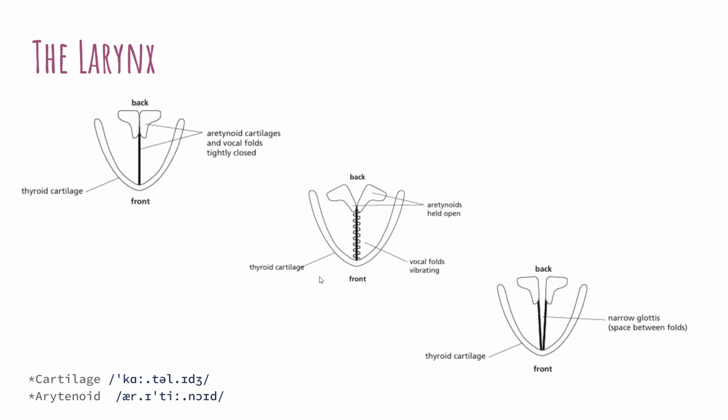Most of the sounds are made in this position. From the third diagram, we can see that the arytenoid cartilages are opening up and the vocal folds are apart from each other. So the empty space, which is the glottis, appears.